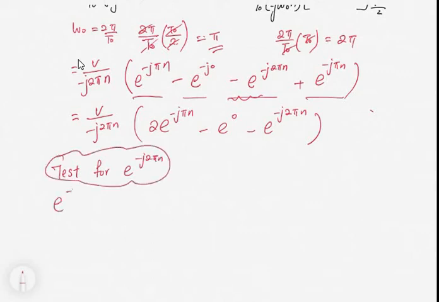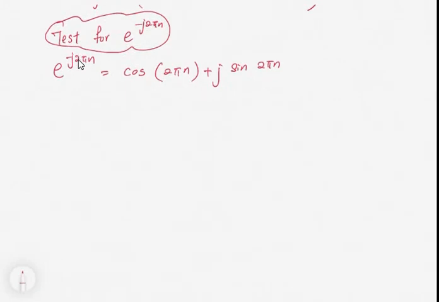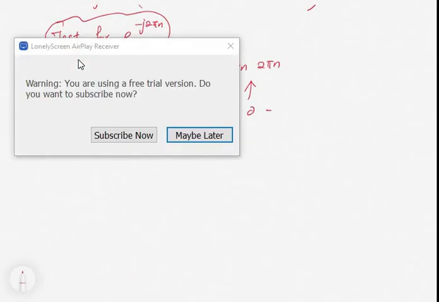So e to the minus j 2 pi n is equivalent to cos 2 pi n plus j sin 2 pi n. So the j sin 2 pi n you always get 0, and then cos 2 pi n you will get 1.